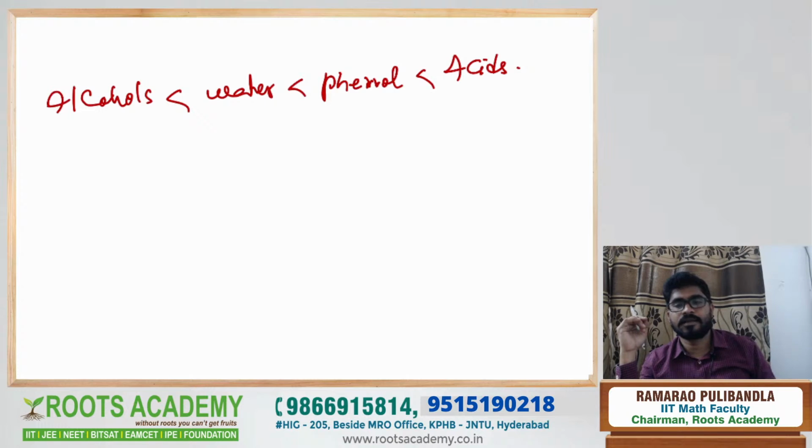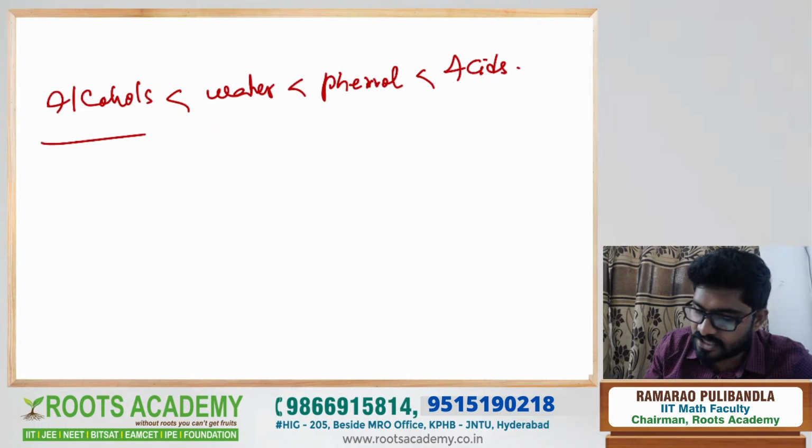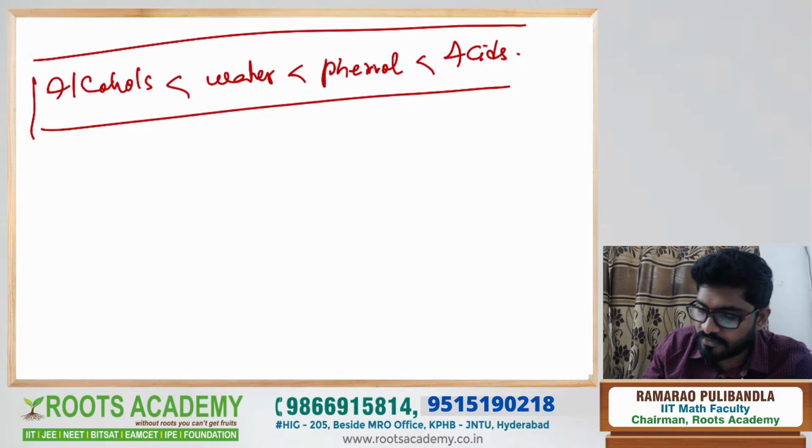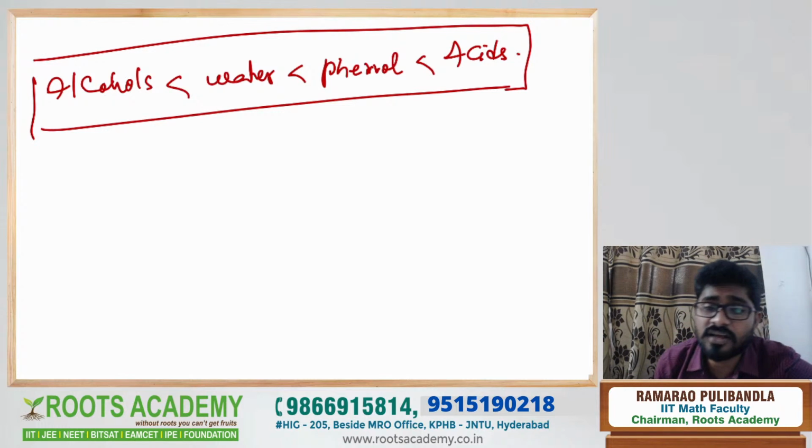So you take this order properly. Here one small exception: in the alcohols and water, only methyl alcohol is more acidic than the water, the remaining alcohols are less. Generally, that is the order.